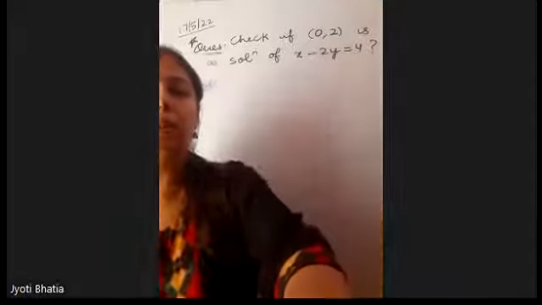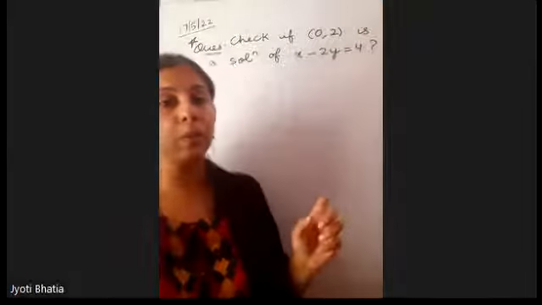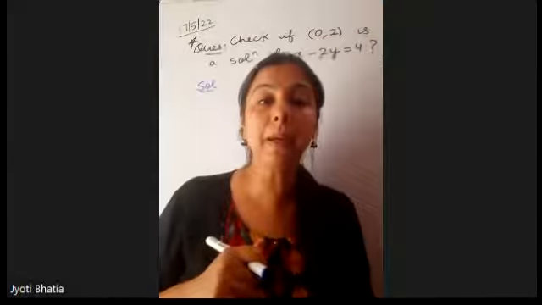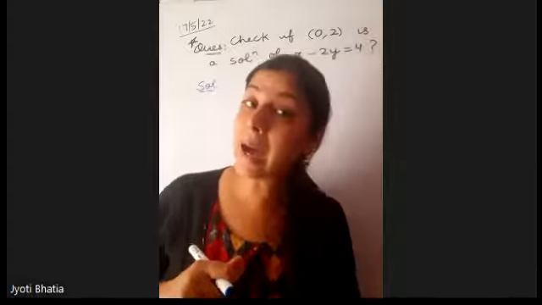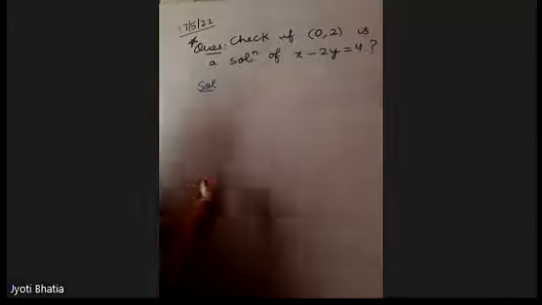Satisfying means that if you put x equal to 0 and y equal to 2, LHS must be equal to RHS.